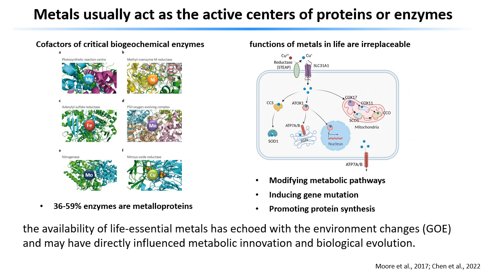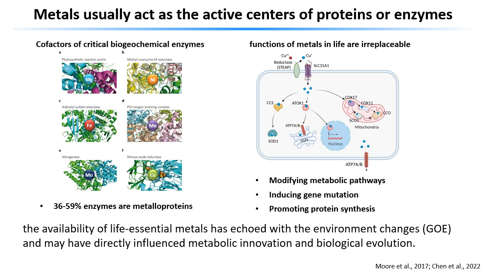In fact, metals usually act as the active centers of proteins and enzymes. For example, 35 to 59% of enzymes are metalloproteins. And the functions of metals in life are not something that can be easily replaced, because they play activities only they can do due to their unique electronic structures.